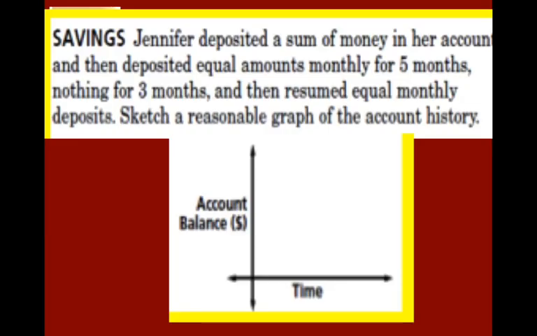Let's see. Jennifer deposited a sum of money into her account and then deposited equal amounts for 5 months, then resumed. So sketch a reasonable graph of the account history. So let's see.